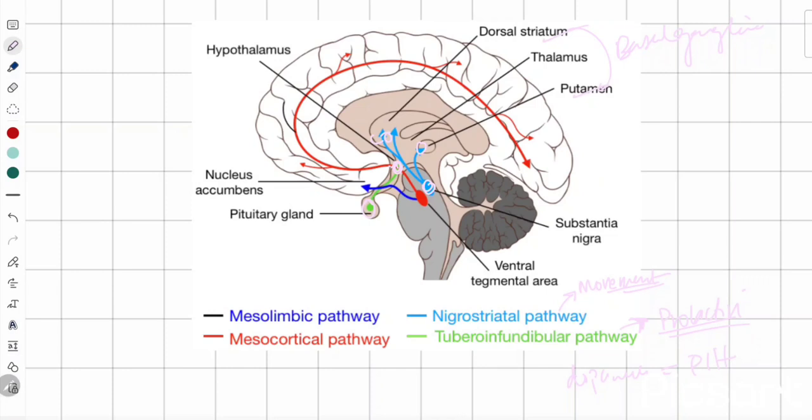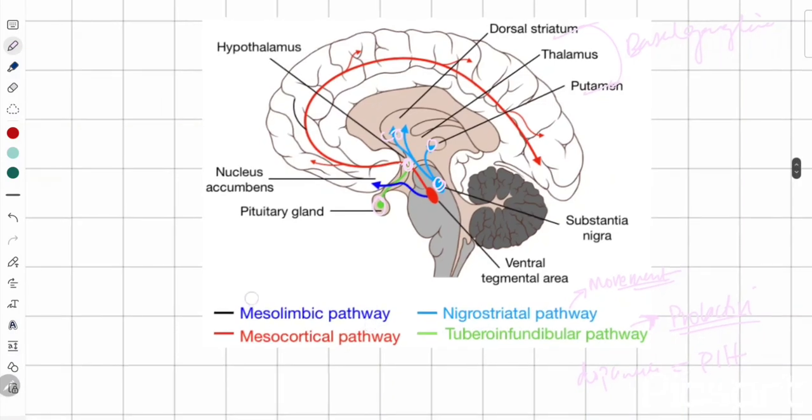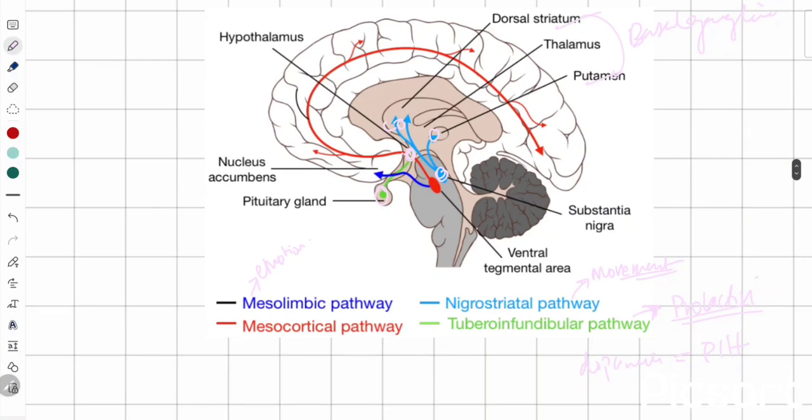And then we have the mesolimbic pathway. The mesolimbic pathway is related to emotions, and it goes from the ventral tegmental area of the midbrain to the limbic system.